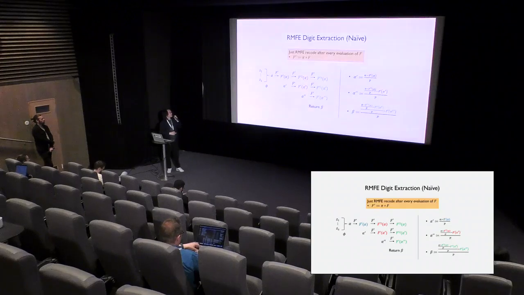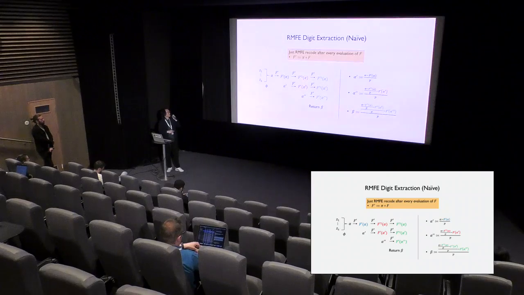The naive, straightforward way is we can just recode. We can just call the RMFE recode function after every time we do one of these polynomial evaluations. And we show in our paper that indeed, if you do this, then your numerators are back to being divisible by p.